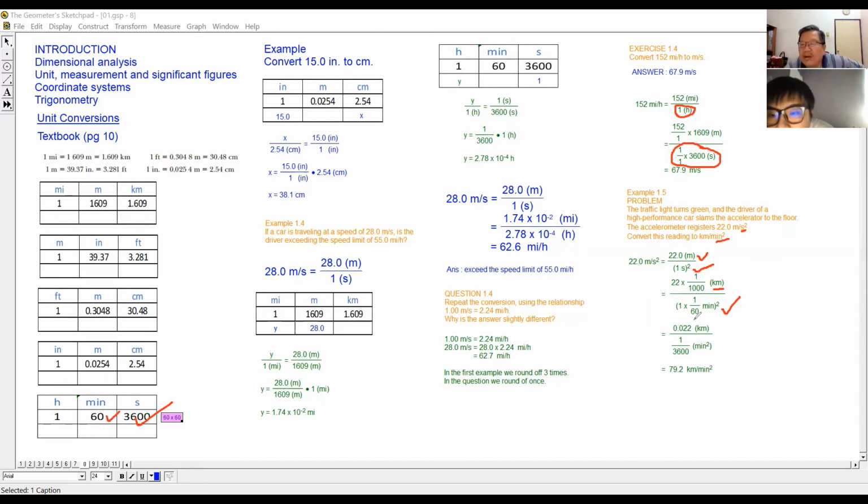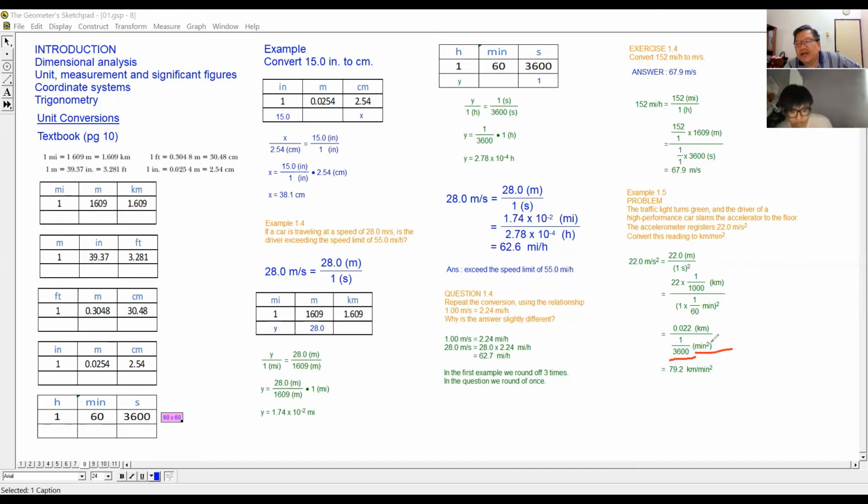So when you square, you square the number and also square the unit. So when you have 60, when you square it, it becomes 3,600.